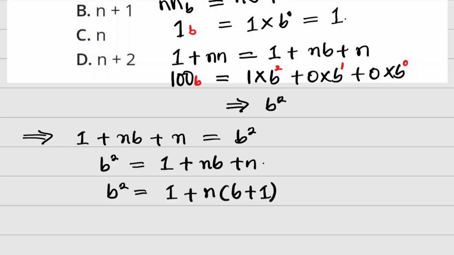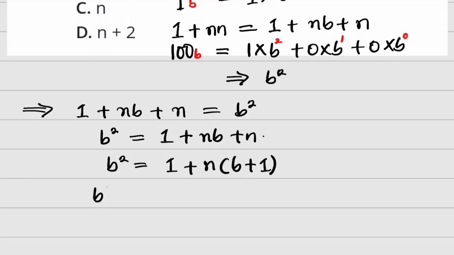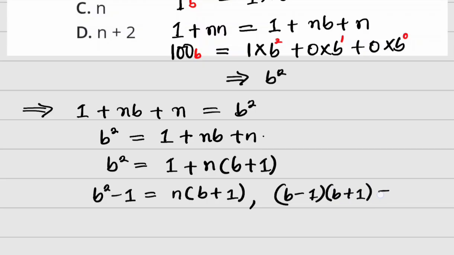Moving this one to this side, we have b squared minus 1, which is equal to n into b plus 1. That's the difference of two squares on our left hand side, which means b minus 1 into b plus 1 is equal to n into b plus 1.